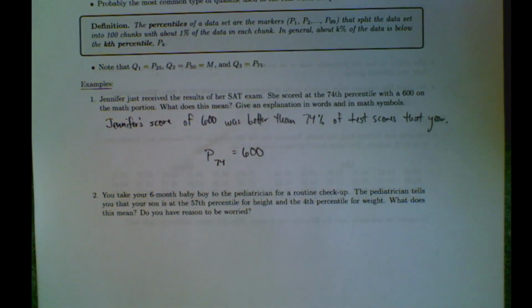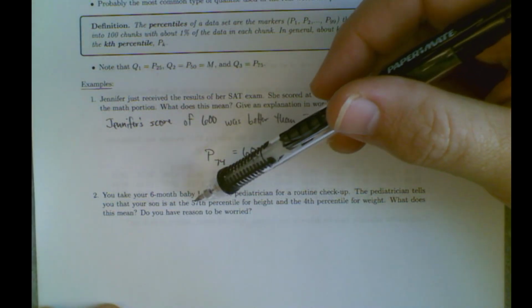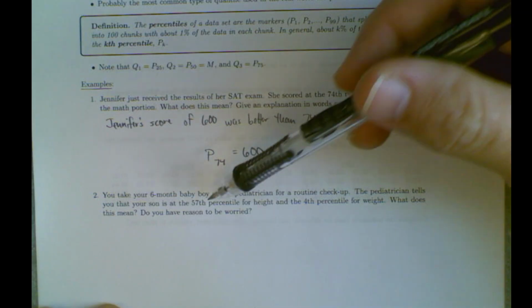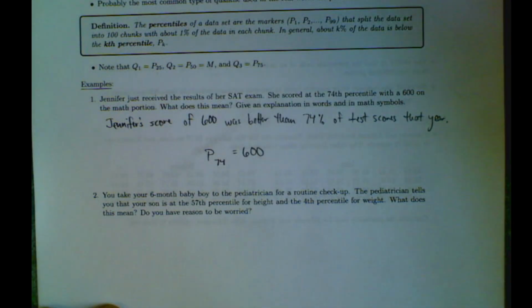Here's another example. You take your 6-month baby boy to the pediatrician for a routine checkup. The pediatrician tells you that your son is at the 57th percentile for height and the 4th percentile for weight. What does this mean? Do you have reason to be worried? Well, if the boy's at the 57th percentile for height, that means that he's taller than 57% of boys his age, of 6-month-old baby boys.